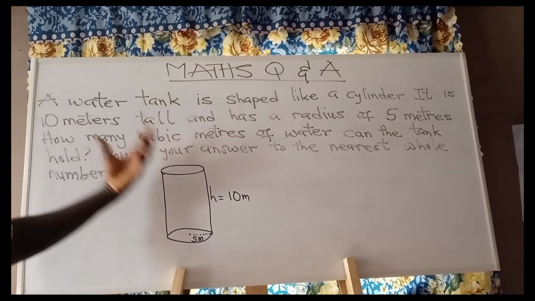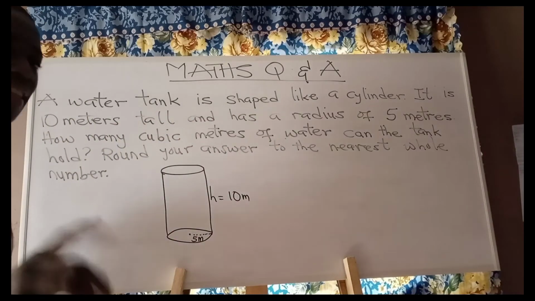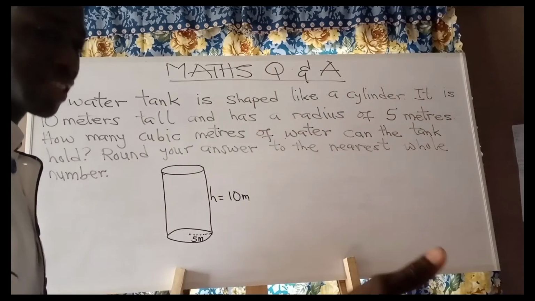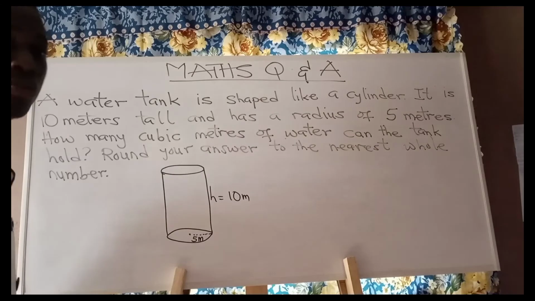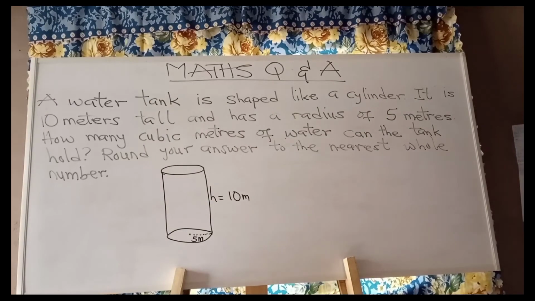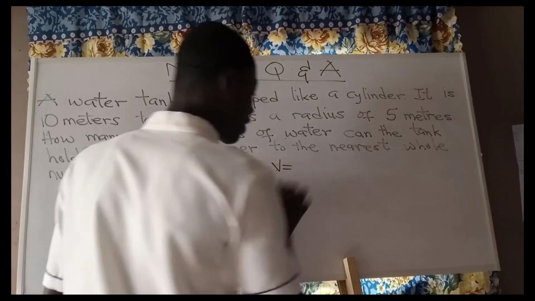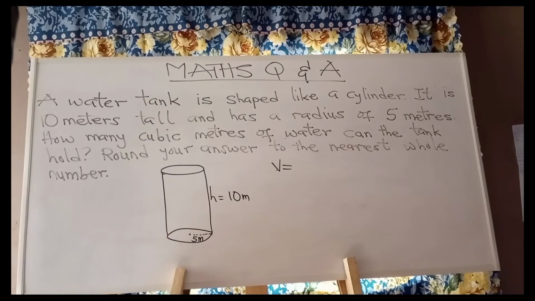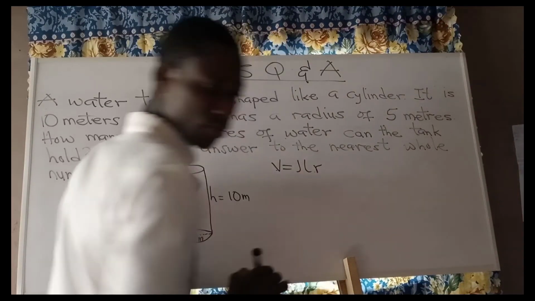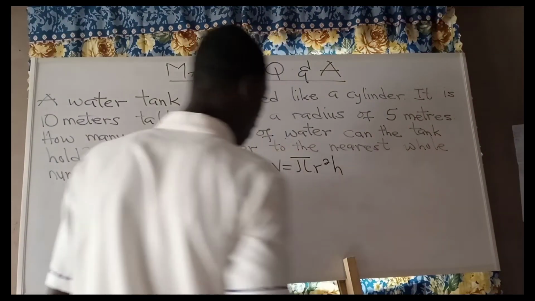Now we are being asked to find how many cubic meters. That means the answer that you are going to get should be in what? Cubic meters. And indirectly it is telling you to find the volume of the water that the tank can hold. So the volume of a cylinder is calculated as pi r square h, okay, pi r square h.